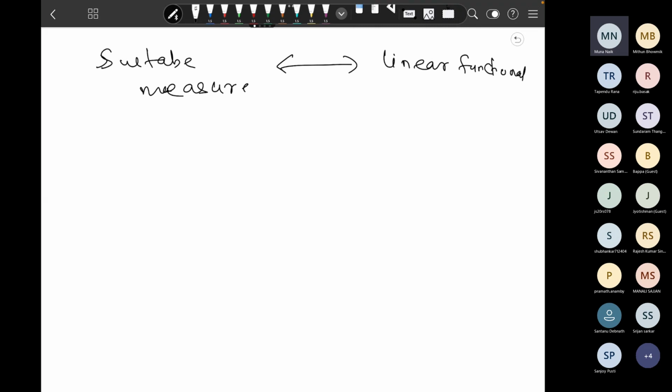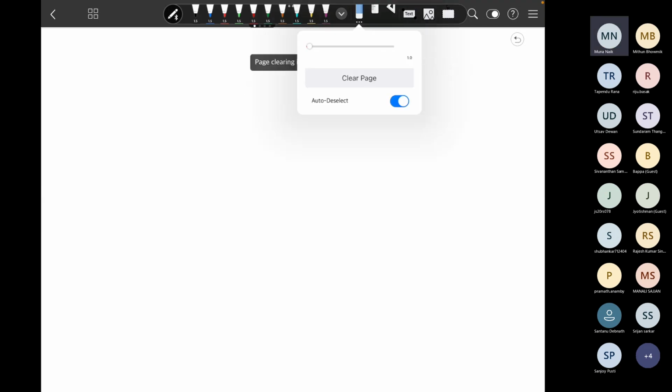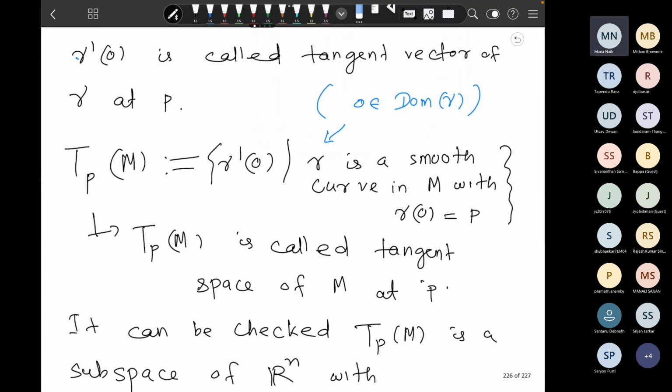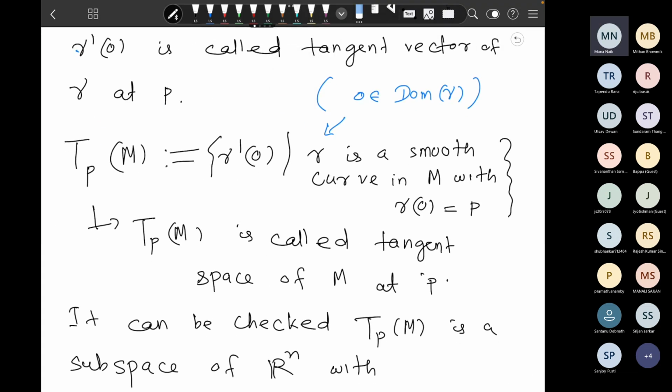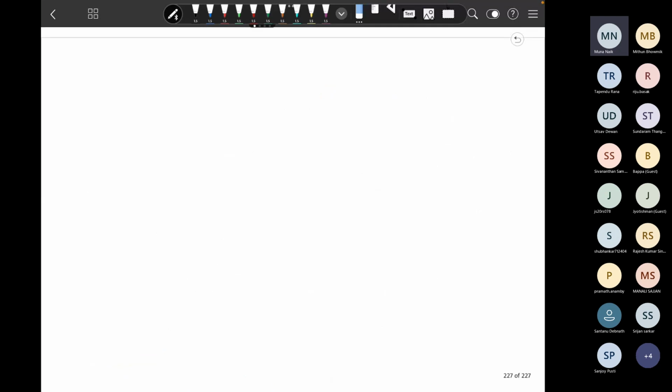The same object, and you are thinking of it in a different way. We will do a similar thing here: we will give an alternate definition of the tangent space. I will describe everything without going into the depth of the theory. So let us see.